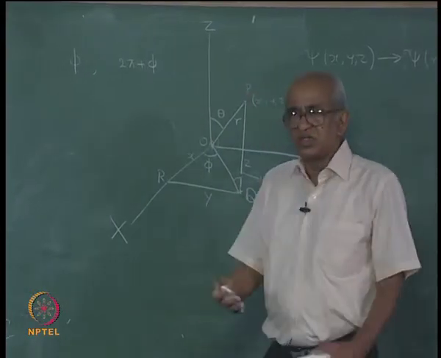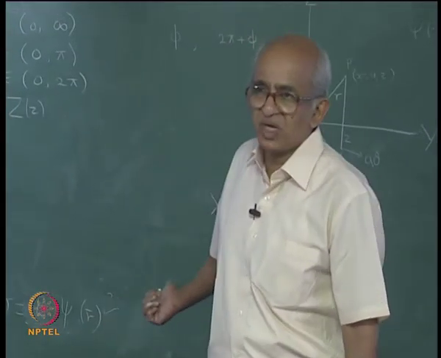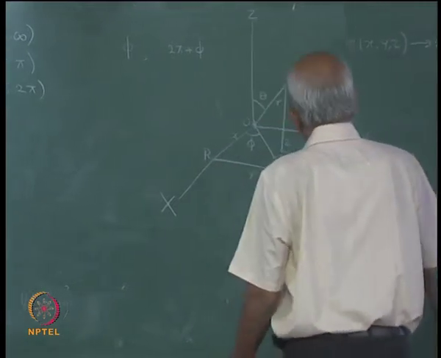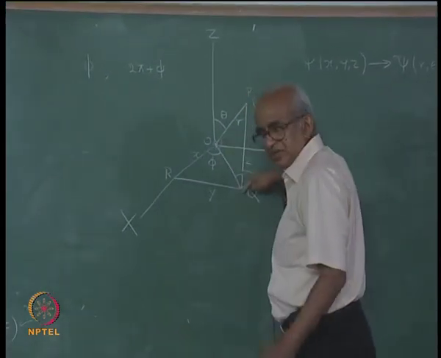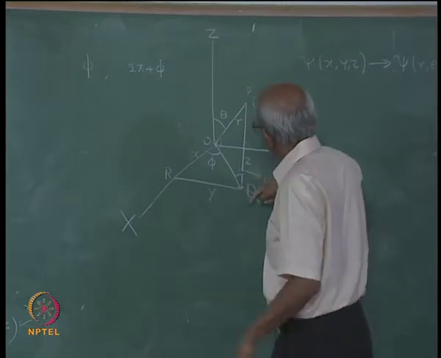Why? Because you see, the 3-dimensional things I am trying to represent on a blackboard which is 2-dimensional. So, therefore, what I am saying is that this actually is a right angle triangle in 3 dimensions, right.